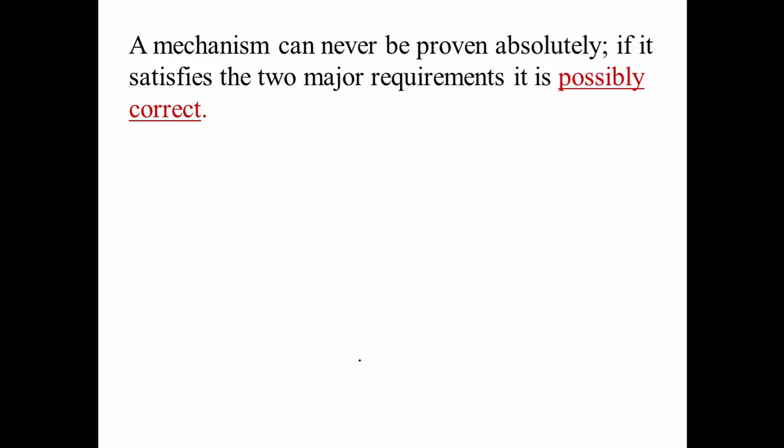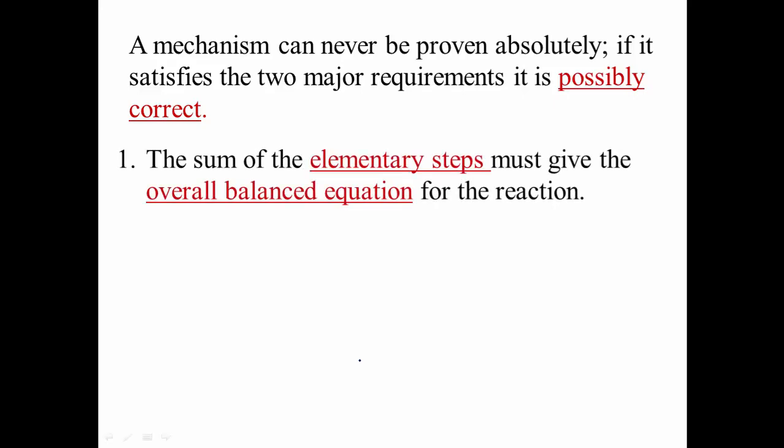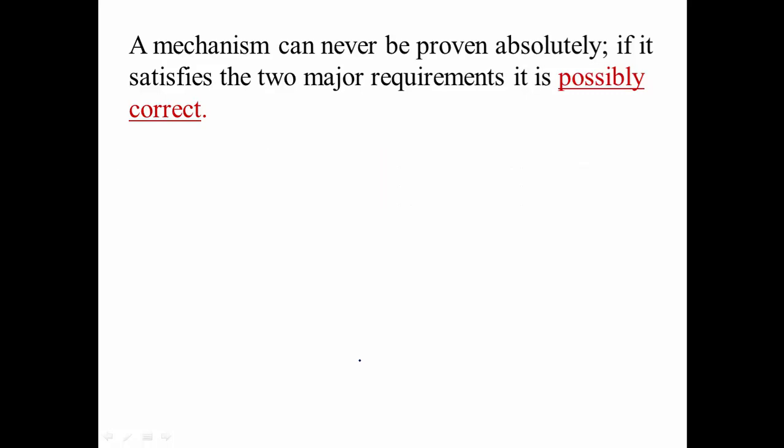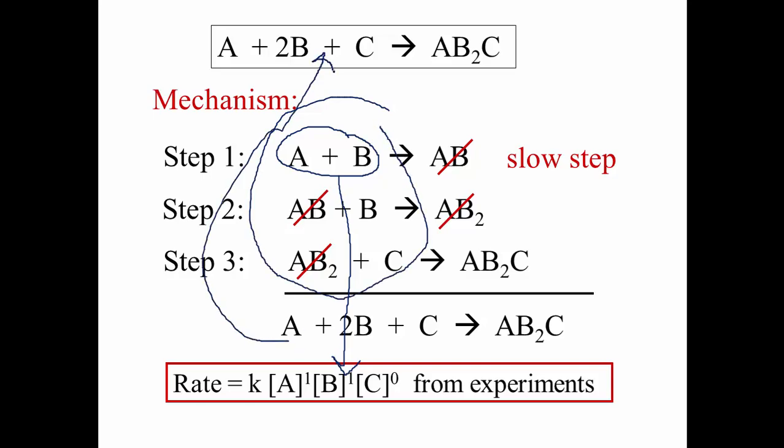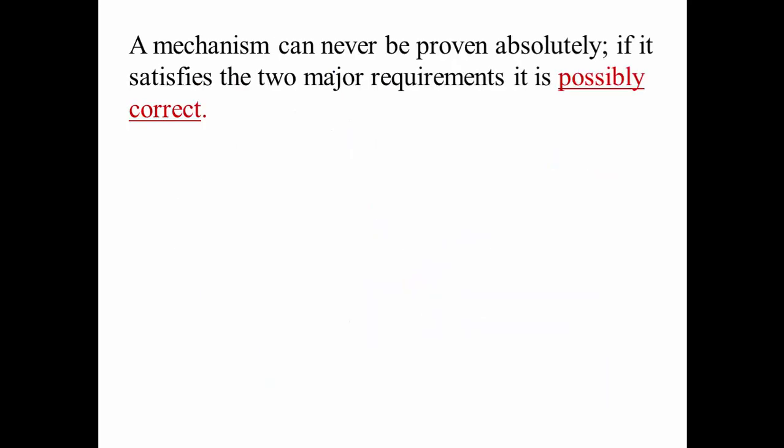So a mechanism can never be proven, but you may have a possible mechanism if you have two major requirements. First, the sum of the elementary steps must add up to give the overall balanced equation. If these steps do not add up to give you this equation, then you don't need to look any further. That cannot be a mechanism.